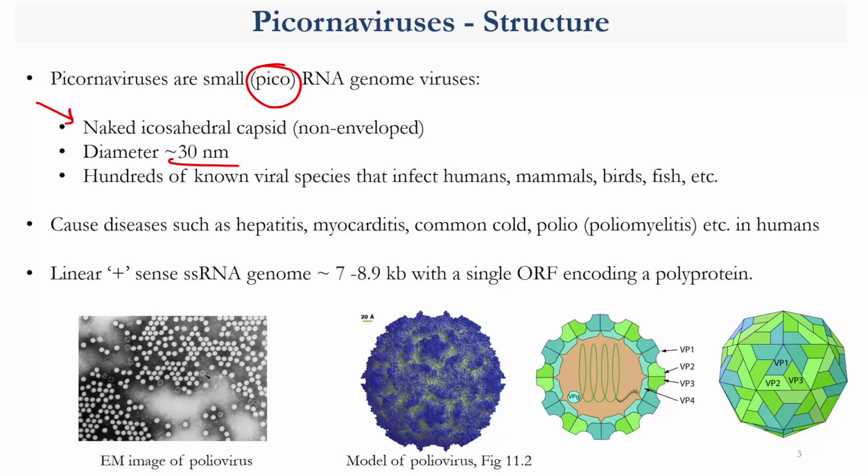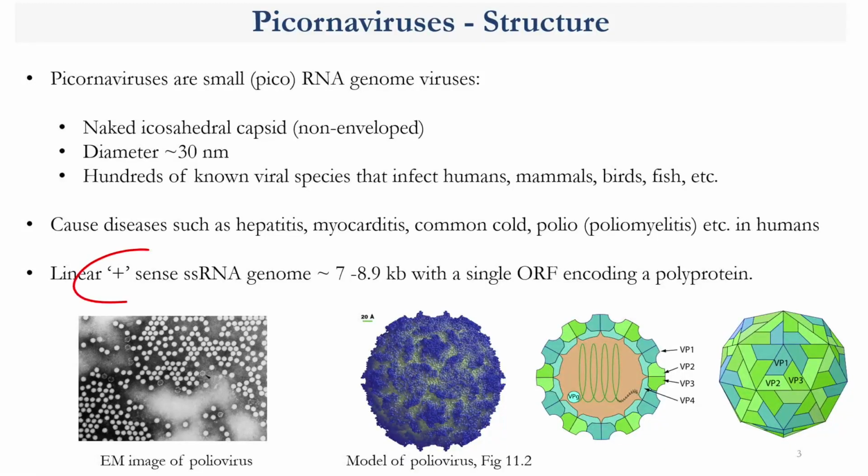And what you'll notice is they cause fairly common diseases. So things like hepatitis, myocarditis, the common cold, polio in humans. So we are going to mostly focus on how poliovirus works, but picornaviruses tend to have similar or identical replication cycles.